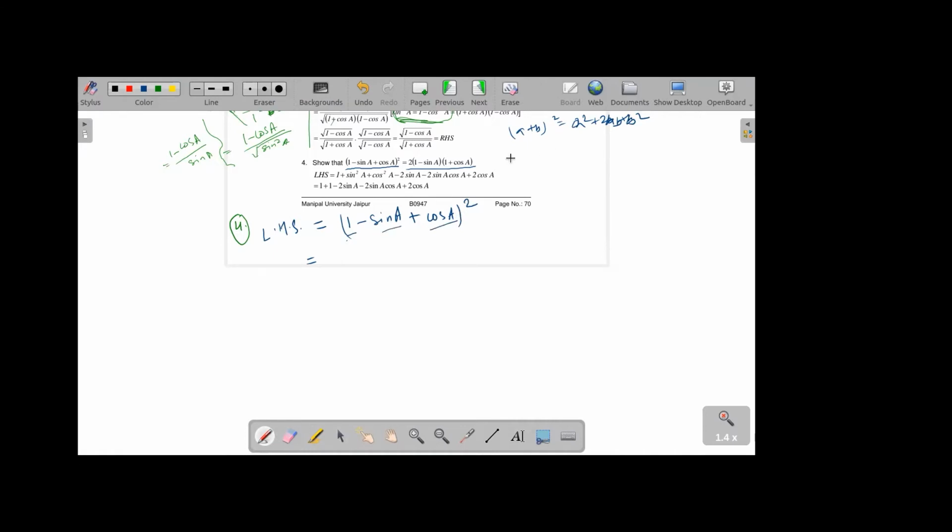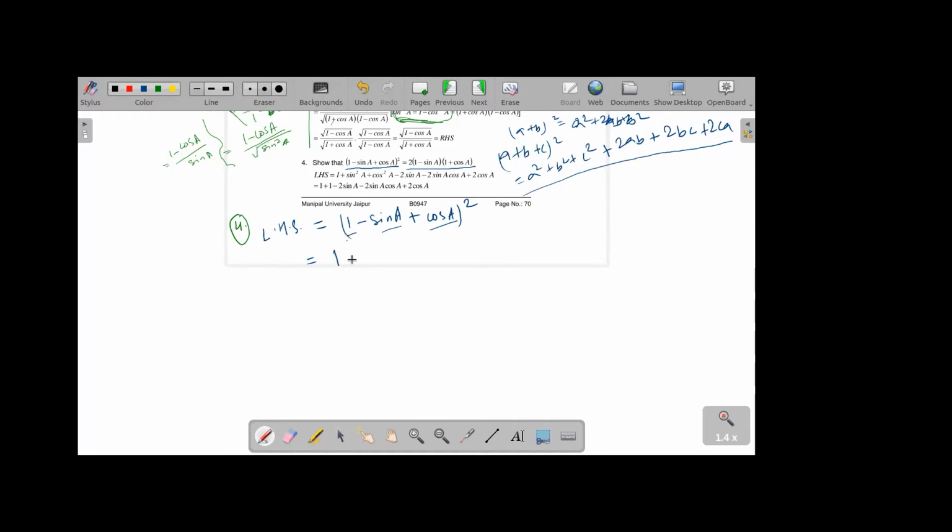For 3 terms we can use this formula: (a plus b plus c) whole square equals the square of every term, a square plus b square plus c square, and the double of every pair, so 2ab plus 2bc plus 2ca. This is the formula for (a plus b plus c) whole square. So this we can use.